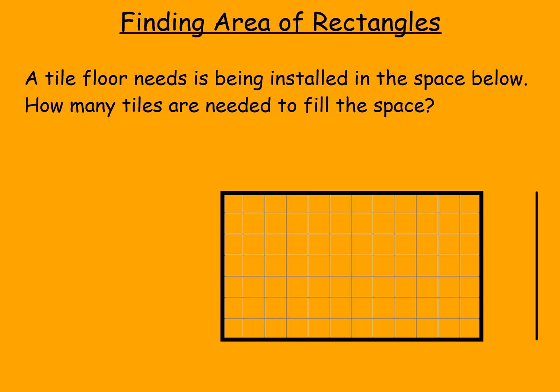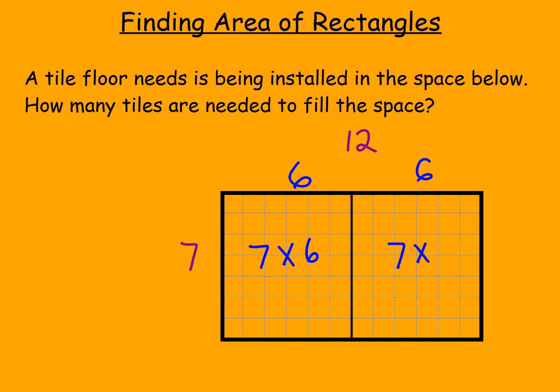Now, I'm going to take a look at this one more time. Here's my 7 and here's my 12. Another way I can do it is I can take my 12 and split it right down the middle: 6 and 6. So I would have 7 times 6 here and 7 times 6 here, which sometimes is not so bad because sometimes people remember their 6s.